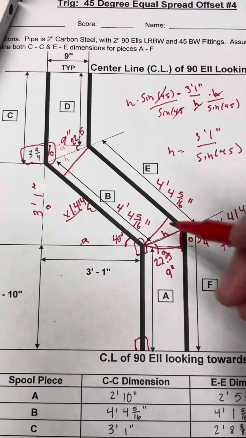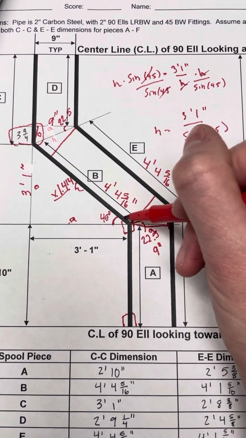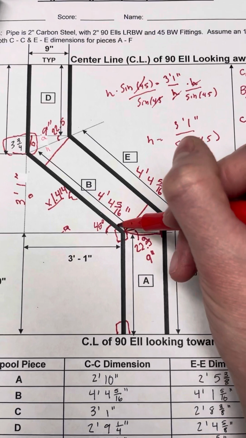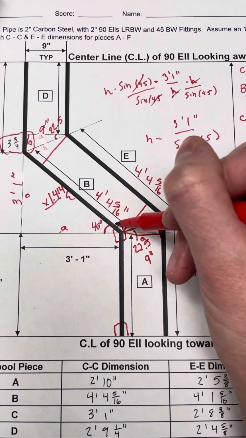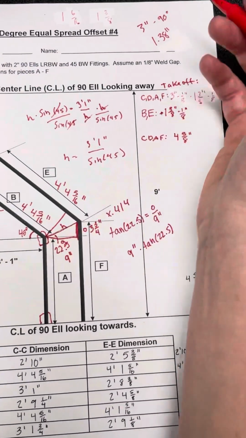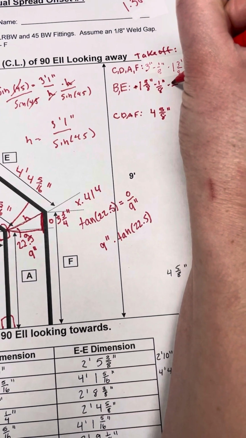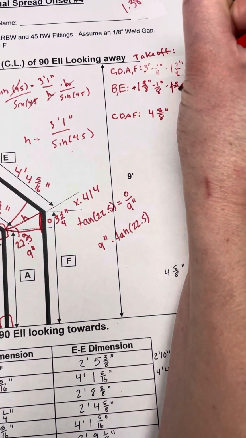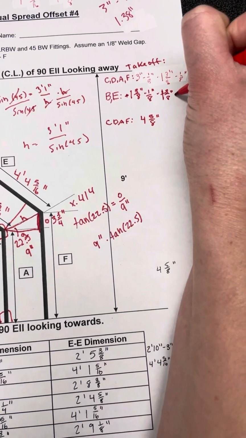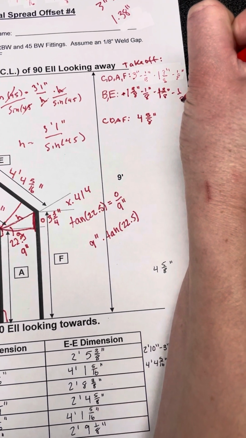And then we have this same connection down here at this elbow. So we're going to take off 1 3/8 inches for the 45-degree elbow, and then another 1/8 of an inch for the weld gap.